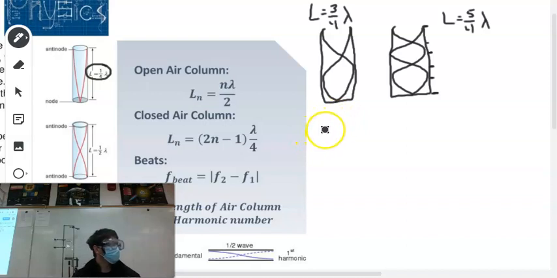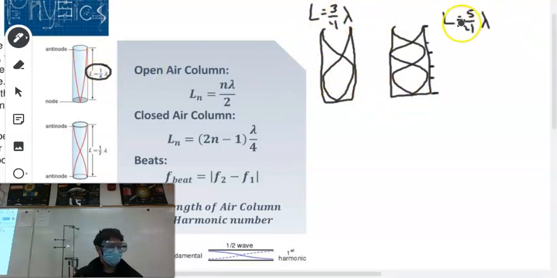The pattern would be harder to see otherwise. They're all over 4. Why? Because that's where we start, right? From node to antinode, that is 1/4 wavelength. Okay? Now you can probably see a pattern, right?